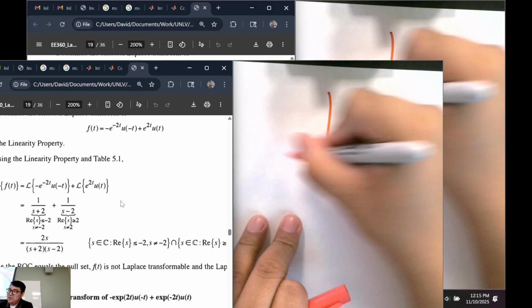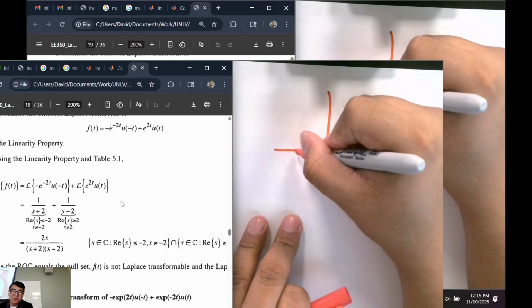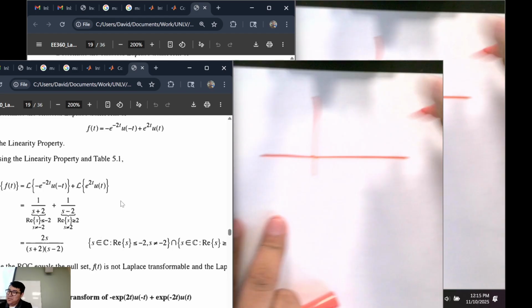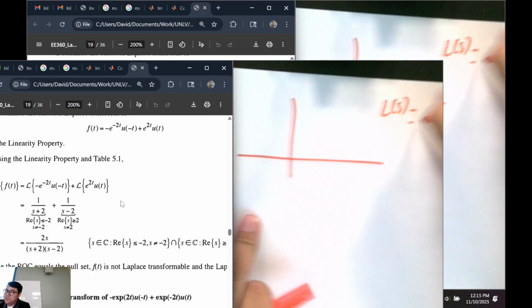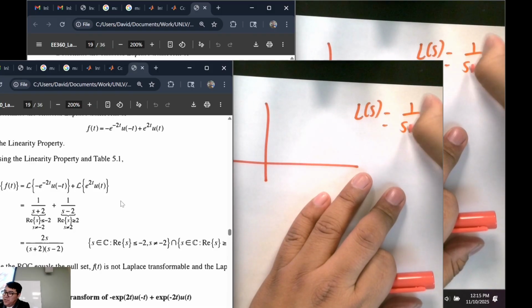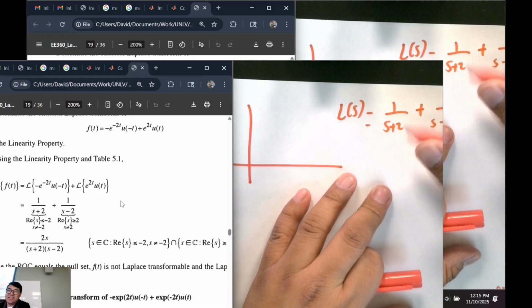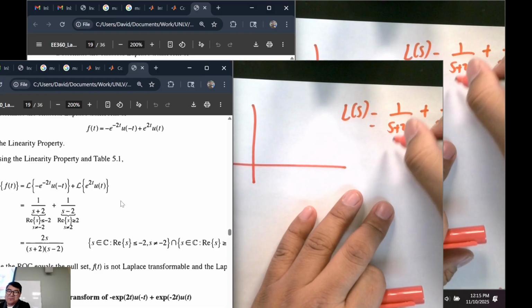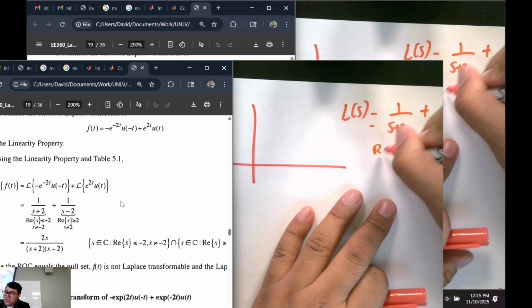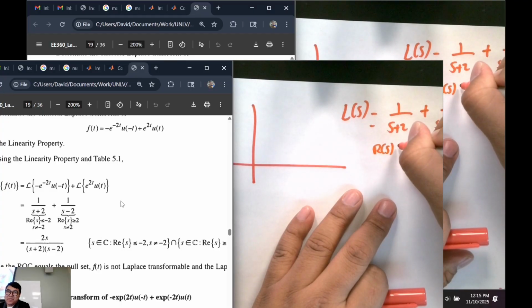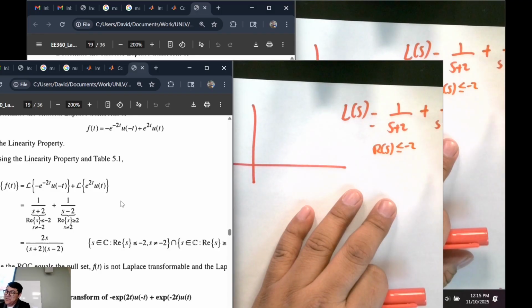So let's just say you have this thing where the poles are given to you. Here's your Laplace transform, L of s is equal to 1 over s plus 2 plus 1 over s minus 2. But he gives you the condition that real part of s has to be less than or equal to minus 2, right?